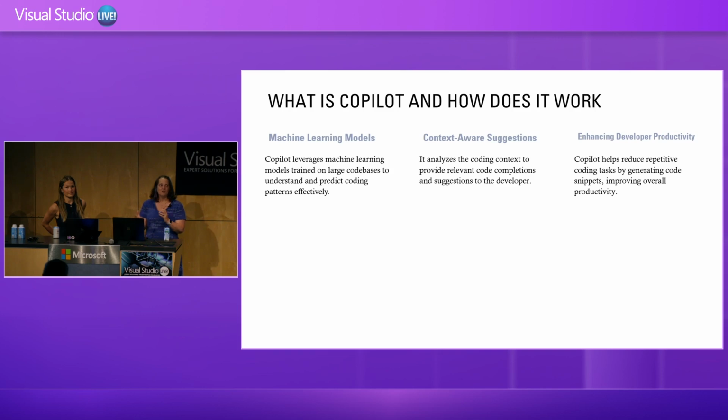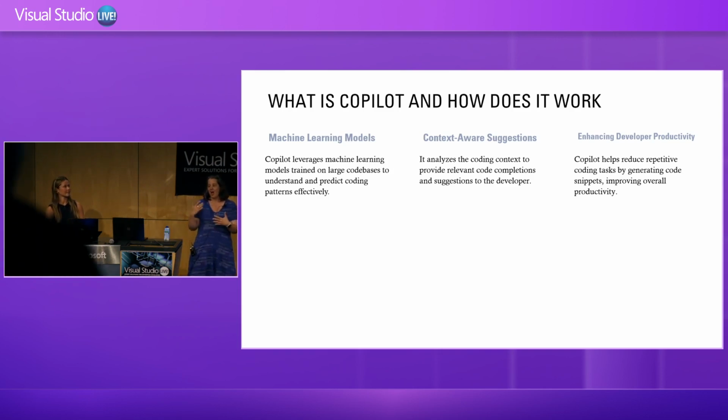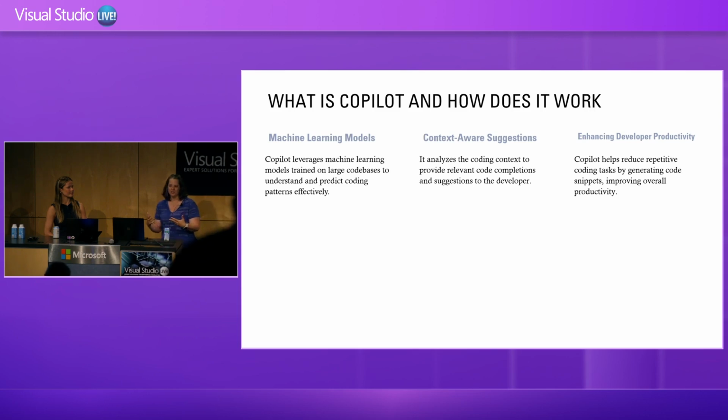And the great thing about Copilot within Visual Studio, outside of using things like just regular ChatGPT, is it has the context of your solution. It knows your code base, and it continues to provide more of that context to help provide even better suggestions for you and help with your code.